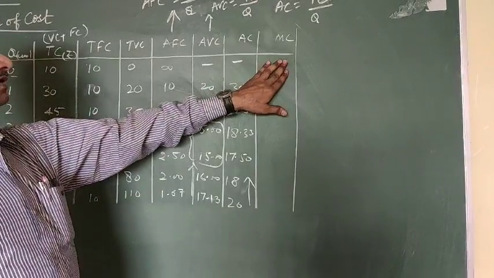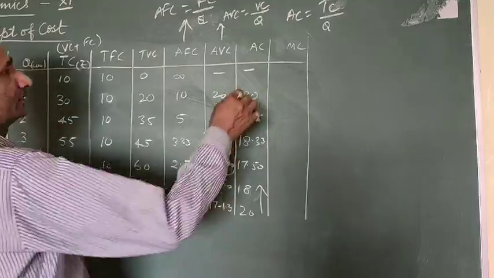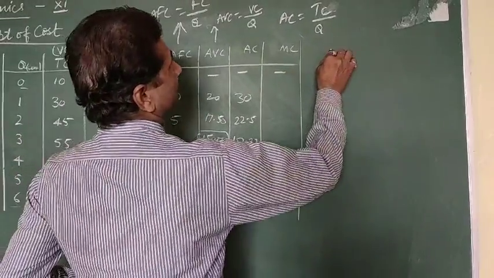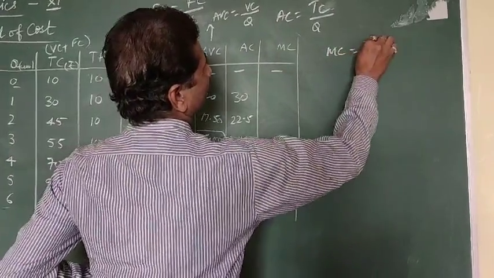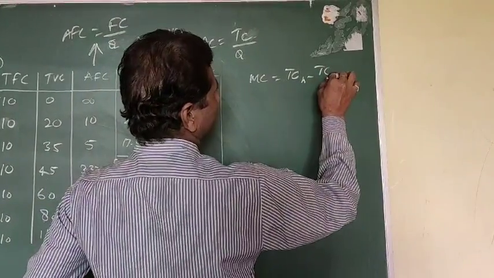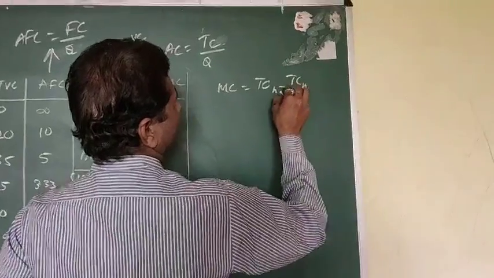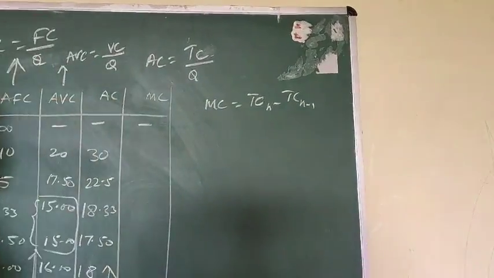Marginal cost, when we calculate it, we have to calculate it as MC is equal to TC n minus TC n minus 1.